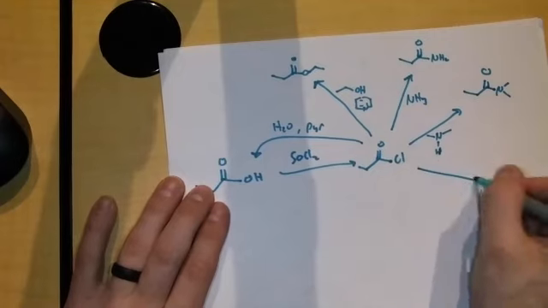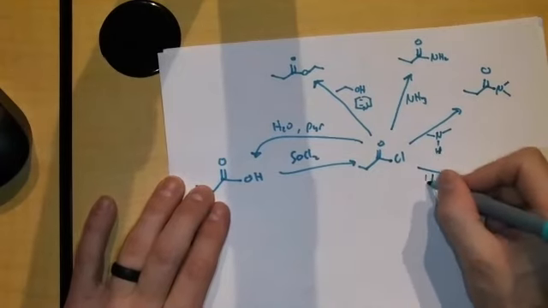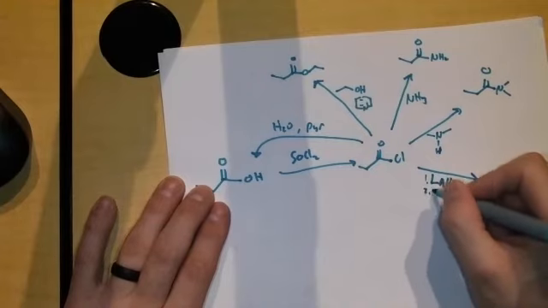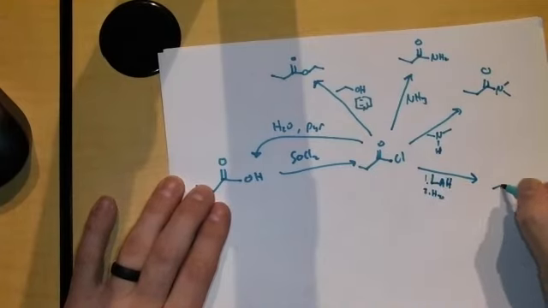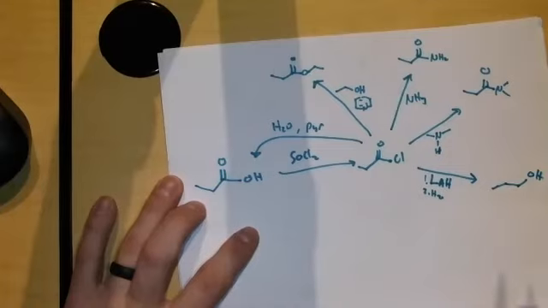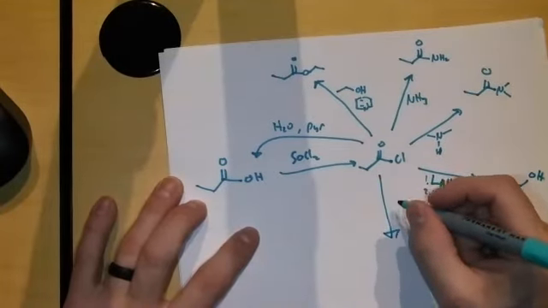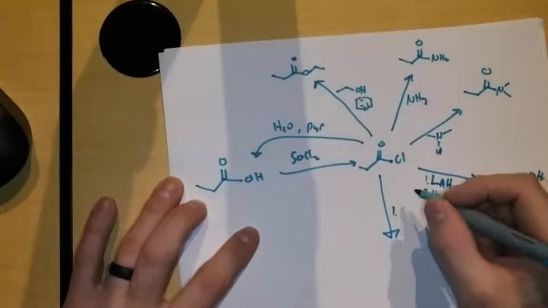LAH lets us reduce this. If we use a hindered version of LAH, we can reduce it just down to an aldehyde.